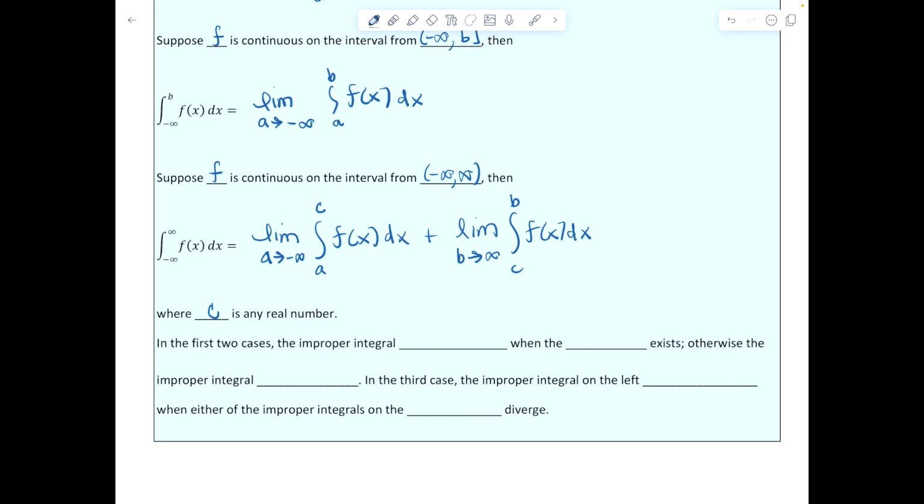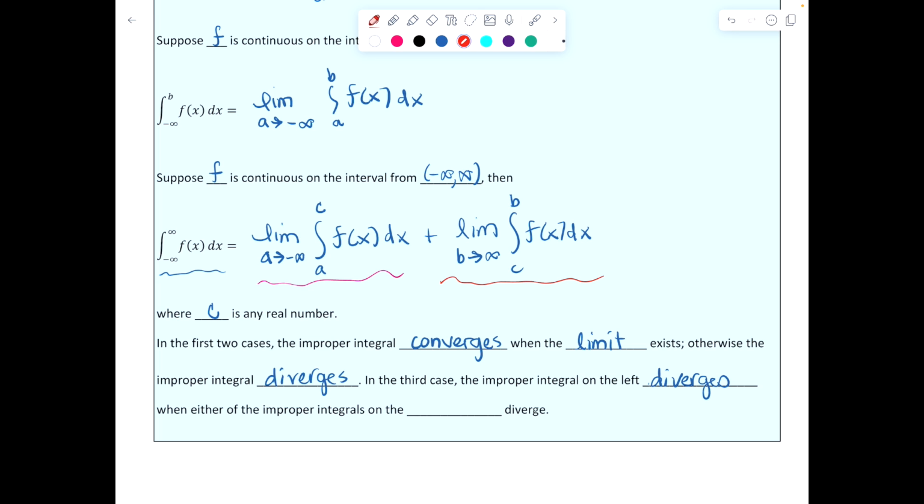In the first two cases, the improper integral converges when the limit exists. Otherwise, the improper integral diverges. In the third case, the improper integral on the left diverges when either of the improper integrals on the right side diverges, it could be this one or it could be this one.